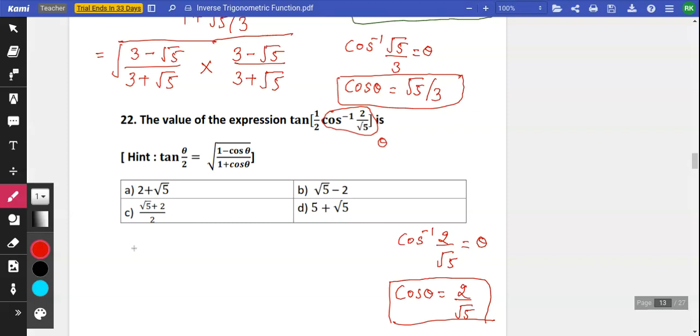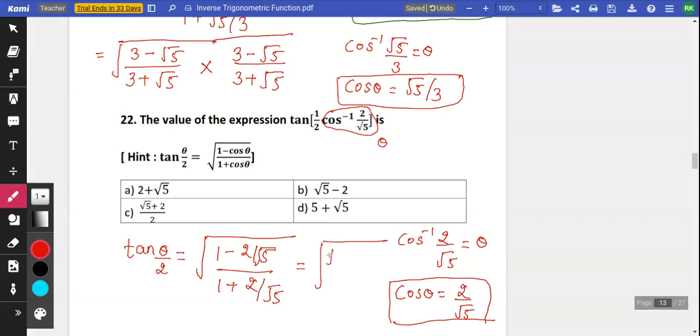Using the same formula, tan theta by 2 is equal to the square root of 1 minus 2 upon square root of 5 upon 1 plus 2 upon square root of 5.